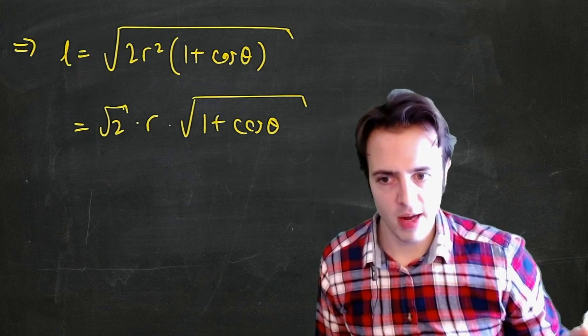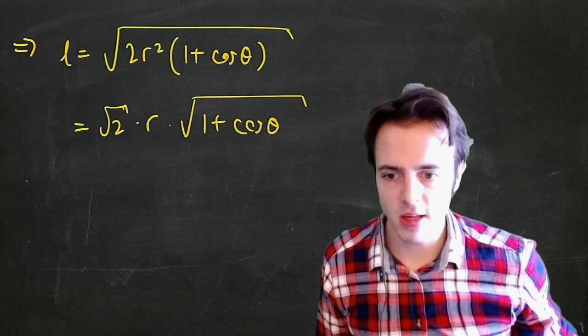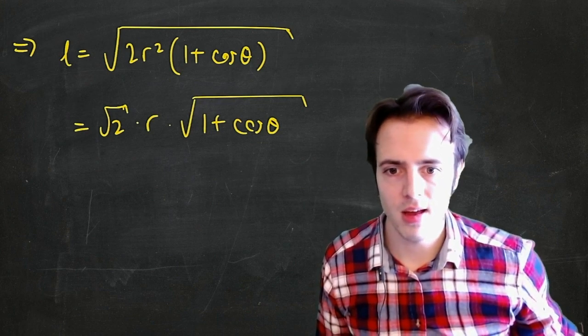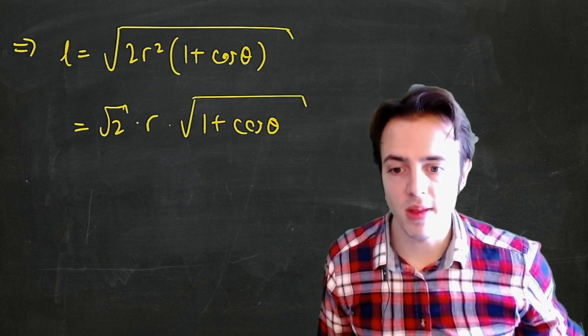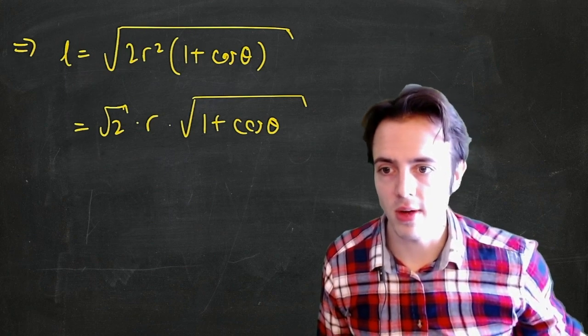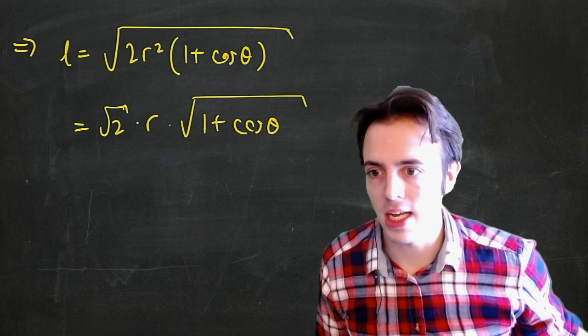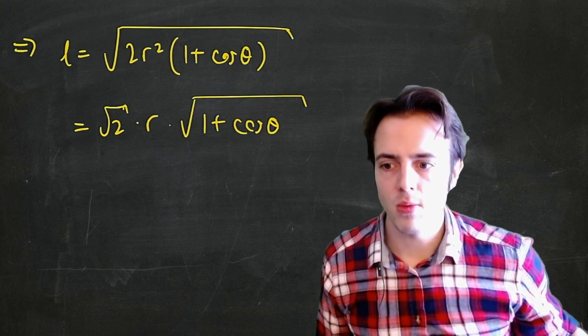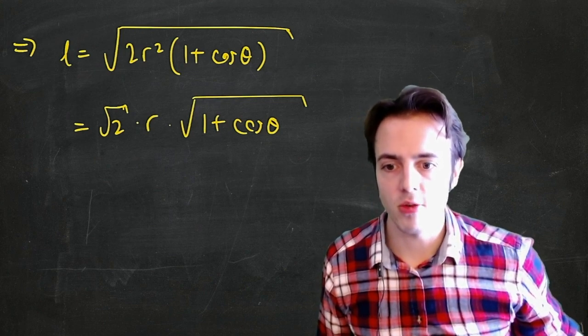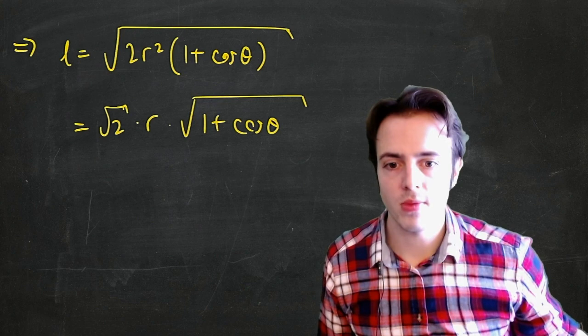Now I know that the trigonometric half angle formula, let me just look it up again. Again, I don't remember this stuff because I don't need to, and neither do you guys really. So we just need to know that there is a half angle formula that's going to be useful.